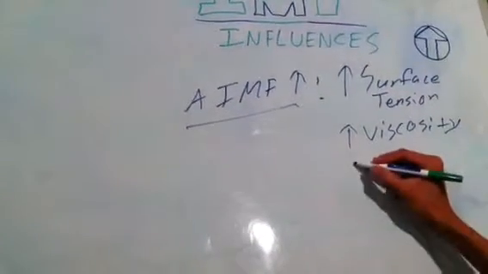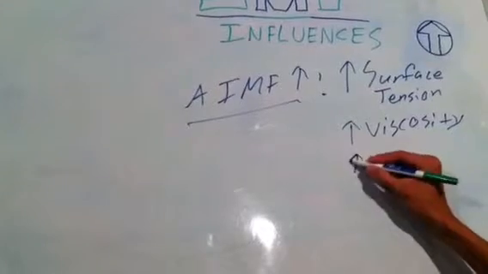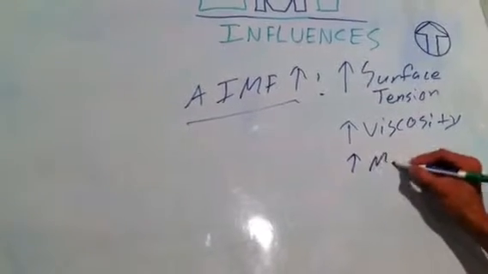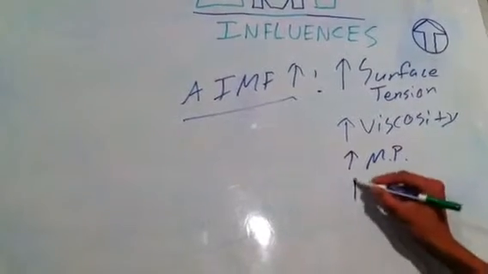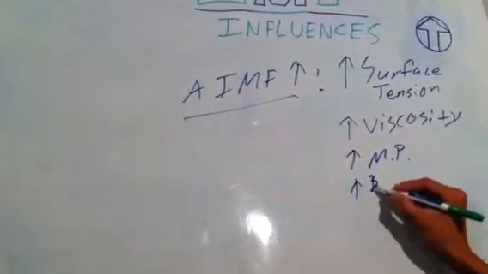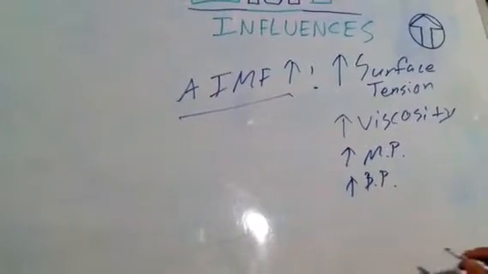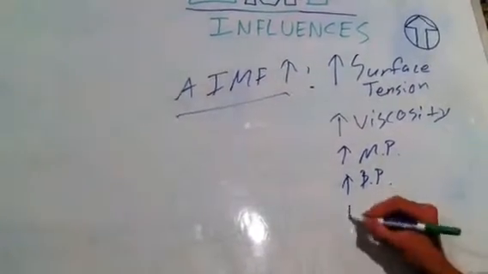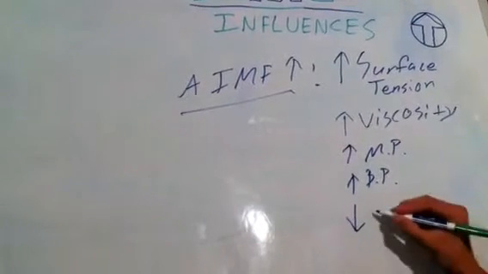That's a Y. Increase in melting point, increase in boiling point, and a decrease, yes, it's a down arrow, in vapor pressure.